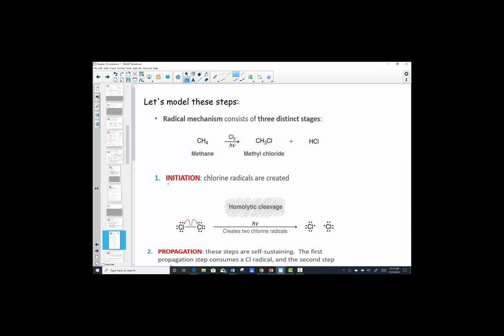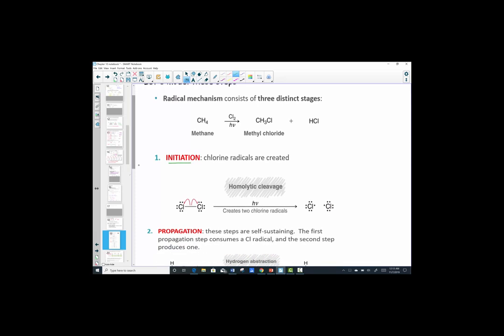We mentioned that the very first step is called initiation, and this is where the radicals are created. One of the most common ways of creating a radical is through homolytic bond cleavage. Recall that was the very first mechanism of the 6 that we studied in the last section, and that means we're going to break a bond.